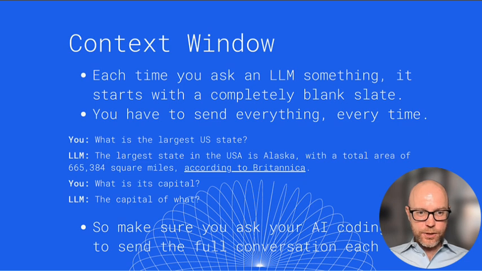If you didn't send this other stuff to it, it's just like, okay, well, the capital of what? I mean, a lot of states have a lot of capitals. It doesn't know that you were just talking about Alaska. So you would have to send it this whole thing and say, and what is its capital? And then it would know from the context that you were talking about Alaska, and it would actually tell you the capital of Alaska, because it has that context.